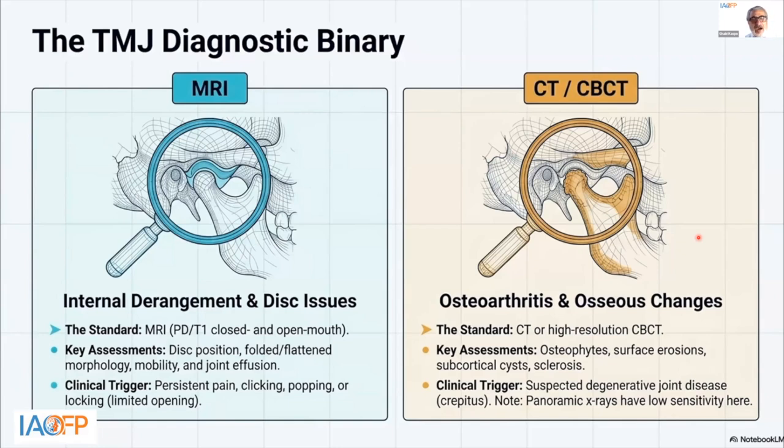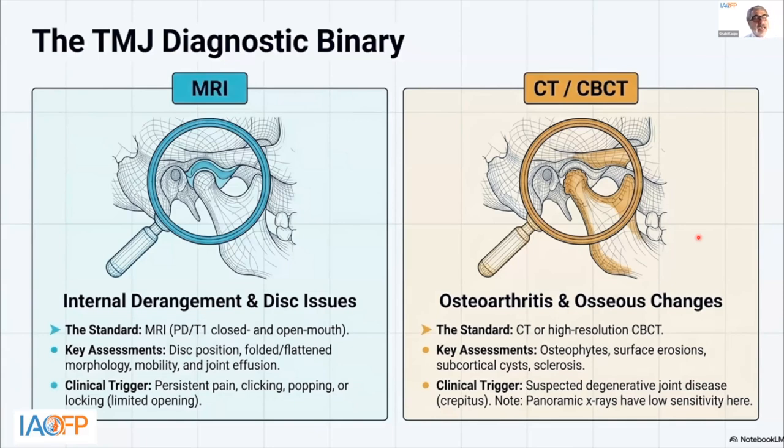If we are looking for disc displacement or disc problems, definitely MRI will be the best option for these patients. So we have to look at the patients, listen to their history, do the clinical examination, and decide if the MRI is really needed or not.